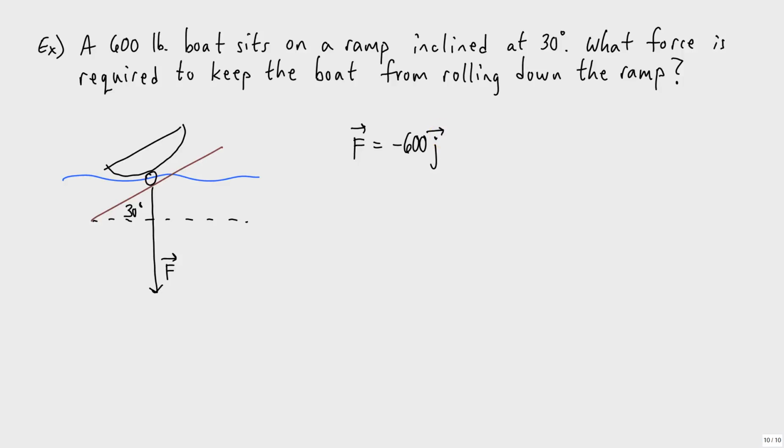It's a 600-pound boat, so its magnitude should be 600, but it's in the negative direction because we're headed downward. And j is the unit vector along the y-axis. So that's gravity.